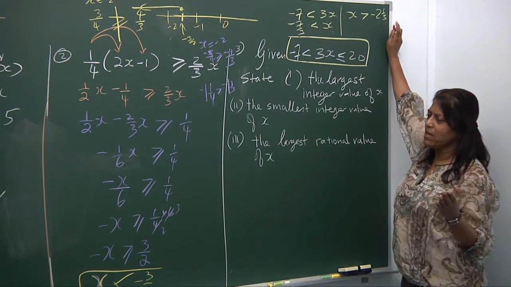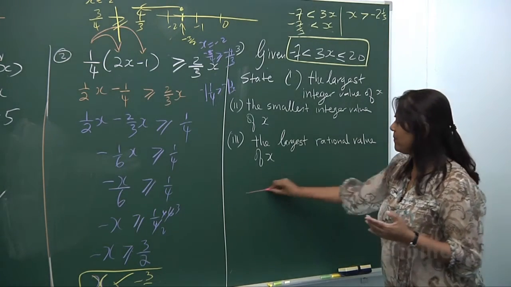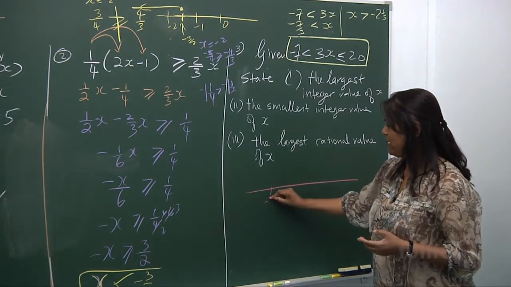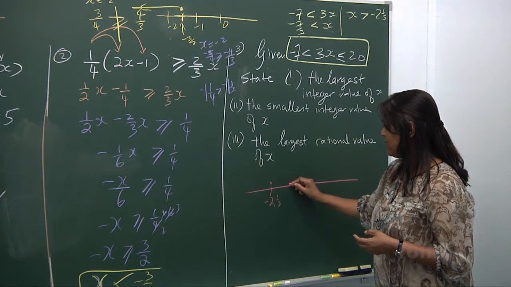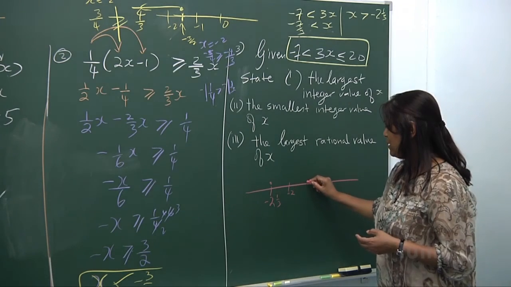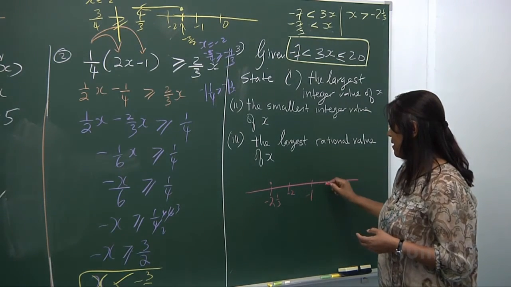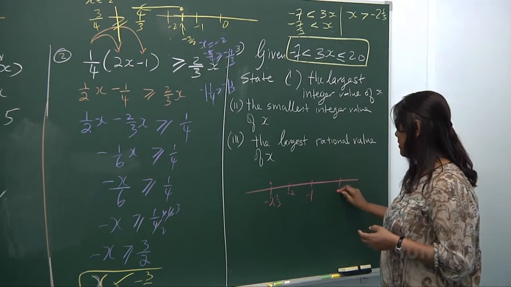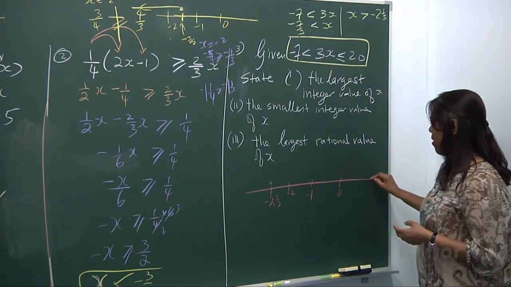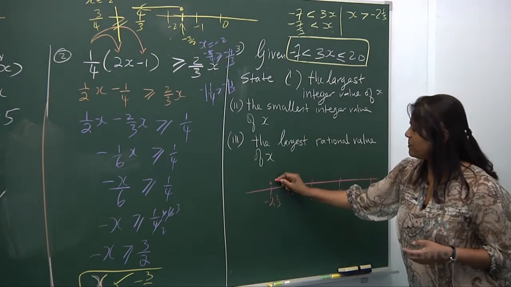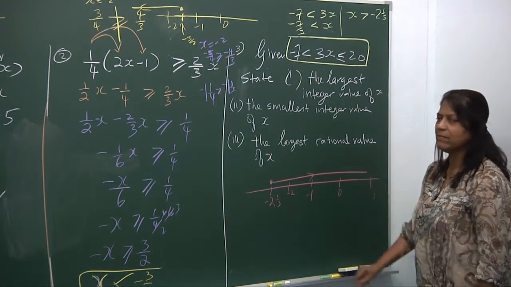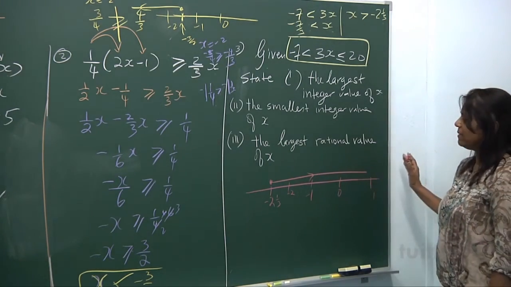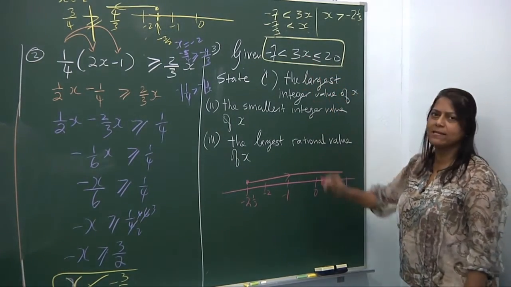That means if we draw a number line, and if I have minus 2 and 1/3 here, and this is minus 2, minus 1, and a 0 here, and 1, from this point onwards, x is bigger. That's what this part says.